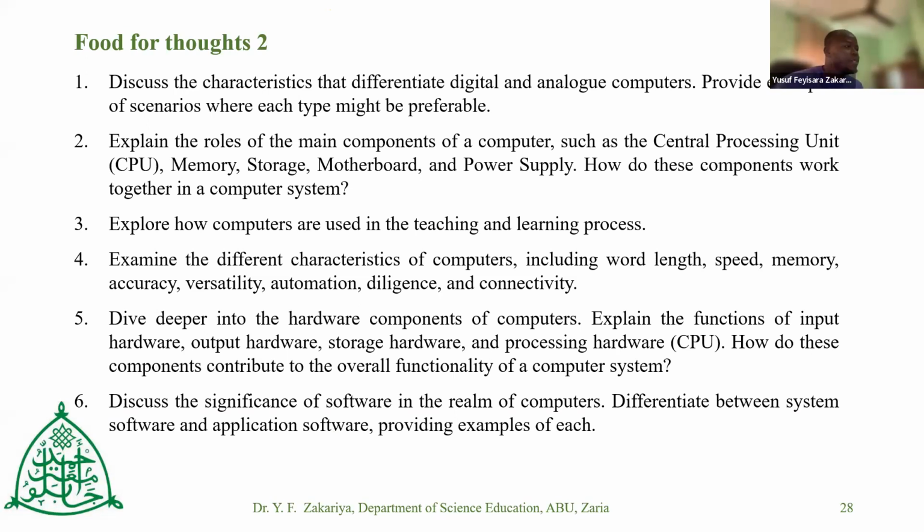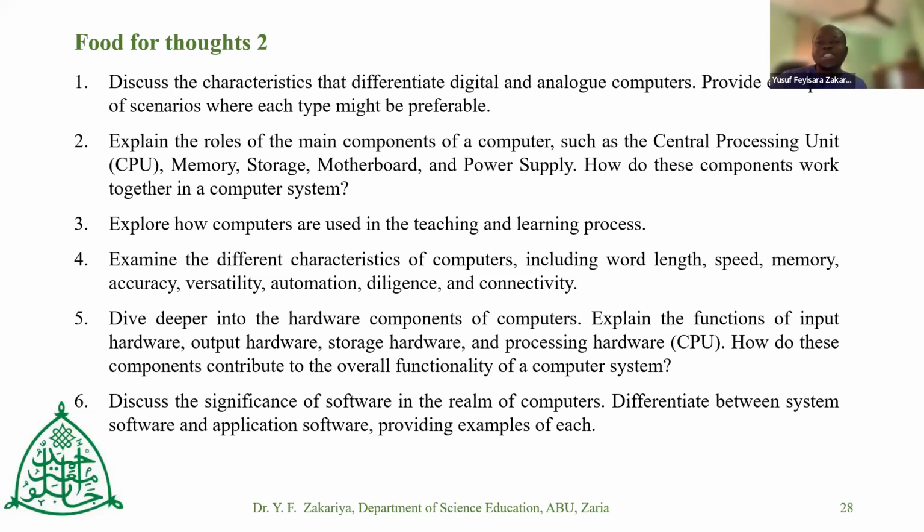Okay, take note. Number 5 says, dive deeper into the hardware components of computers. This is just an introduction to the question in my exam or in my test. But the main question is, explain the functions of input hardware, output hardware, storage hardware, and processing hardware. This is part A of the question.